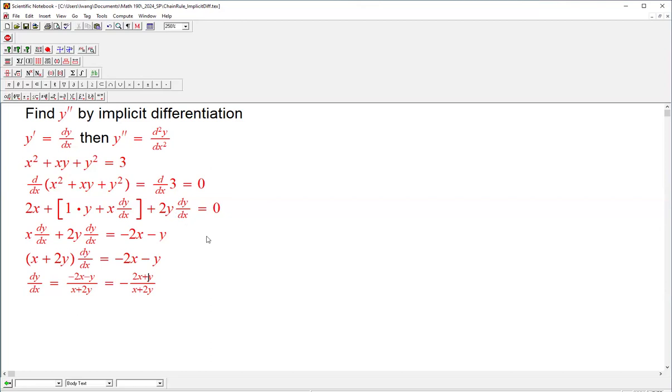And now we're going to find the second order derivative. The second order derivative is a derivative of the first order derivative. So we differentiate the first order derivative, and we get the second order derivative.